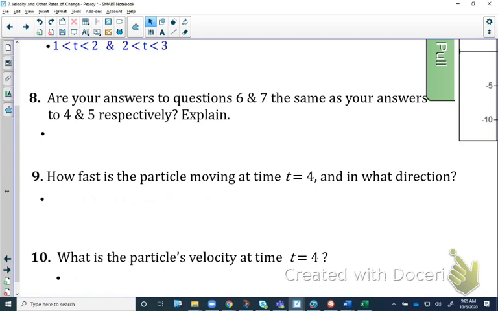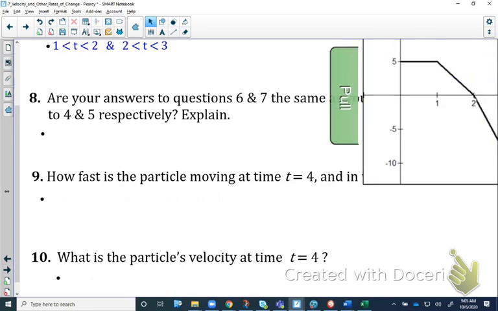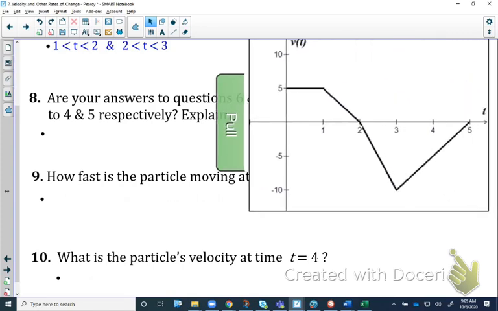9, how fast is the particle moving at time equal to 4 and in what direction? Well, here, at 4, we're looking at the velocity. When we think of how fast is something moving, we're thinking of the speed. So at 4, when you look at the function, that puts us at about -5.